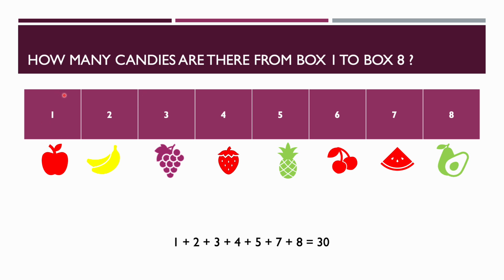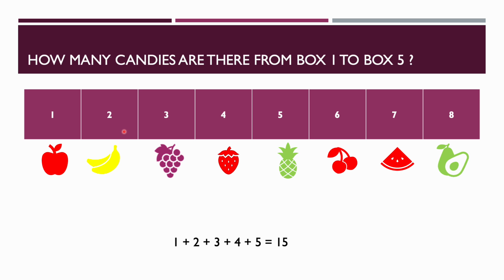Every box has that many candies, as mentioned here in the array. Now let's say someone asks us how many total candies there are from box 1 till box 8. What we'll do is go to every box, calculate the number of candies and sum it all up, right? This is fine.